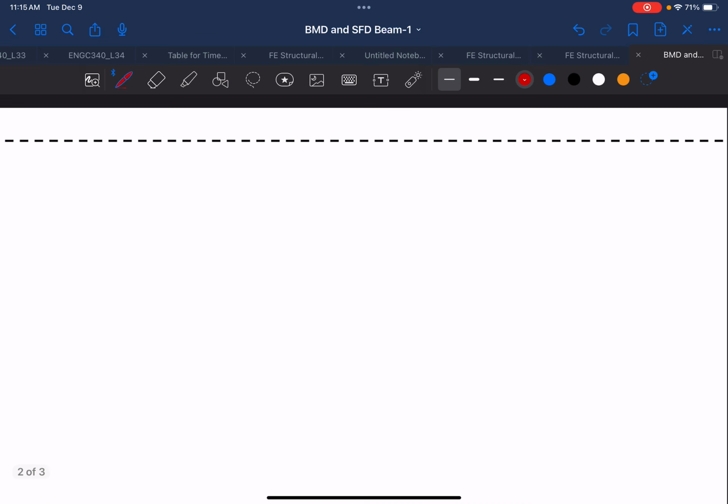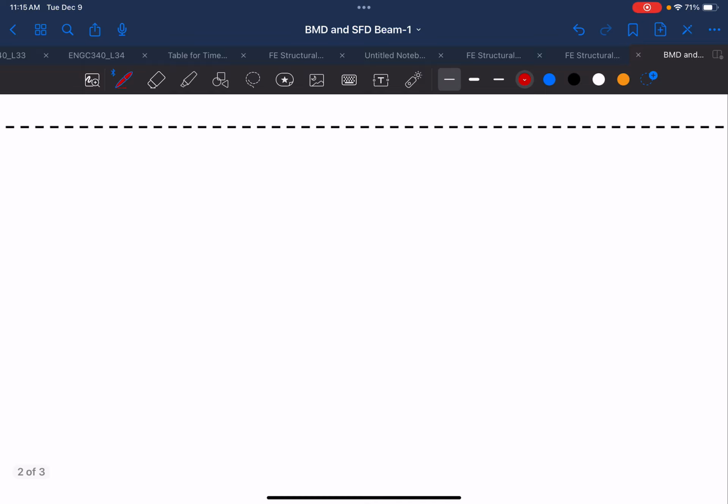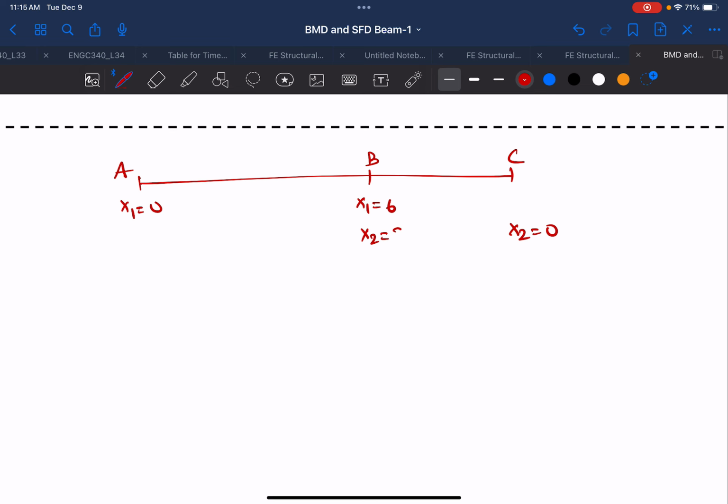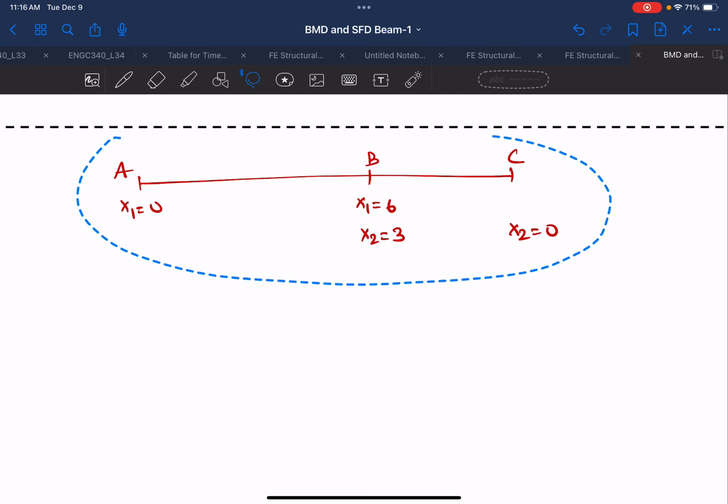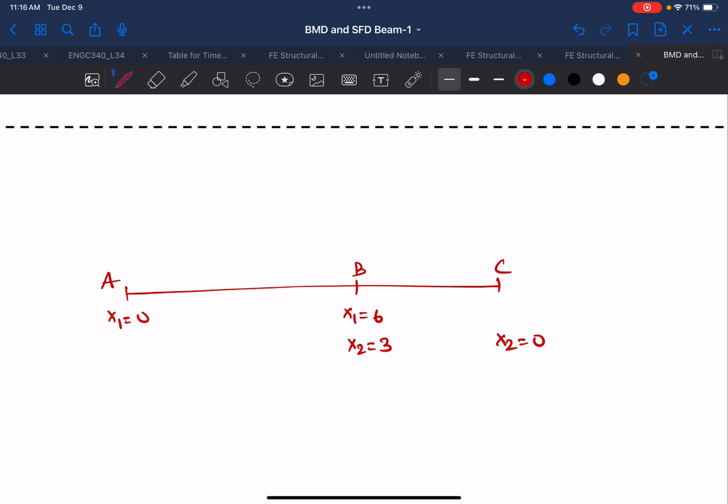So now we can draw the diagrams. We know that A, B, C, and at A x1 is equal to 0 and x1 is equal to 6, and here x2 is equal to 0 and x2 is equal to 3. Okay. So in doing this, it ensures that we are not making any mistake with the variables. Okay. And then I'll also draw the load.